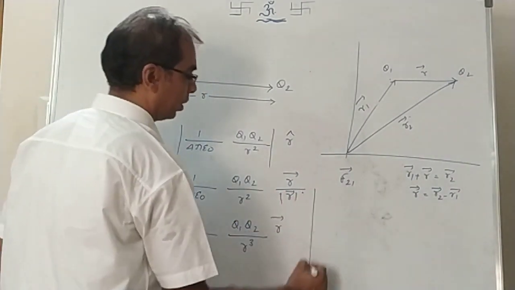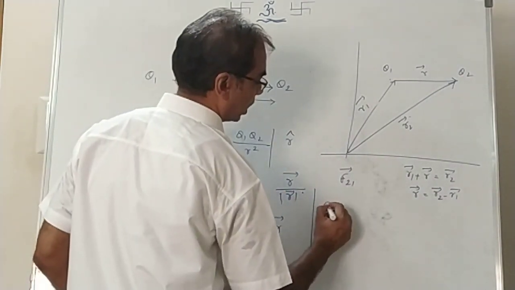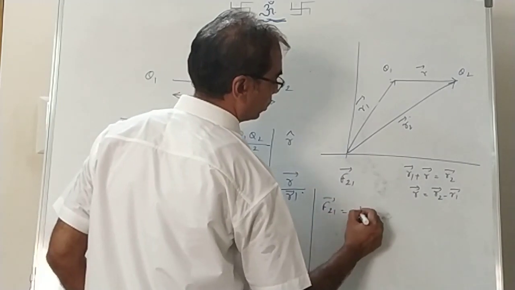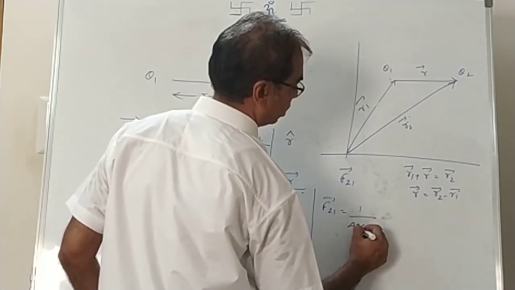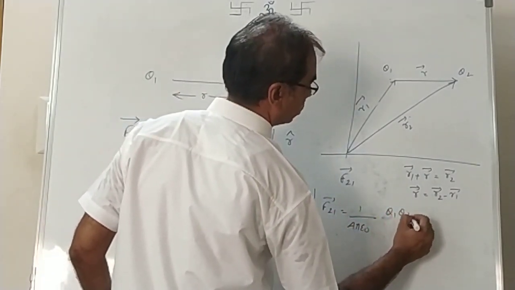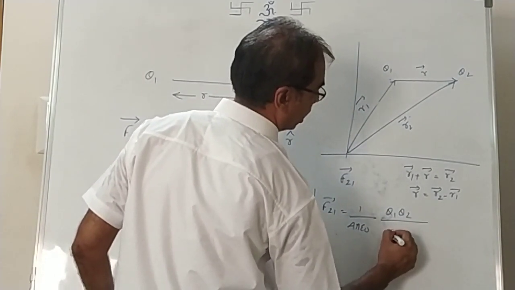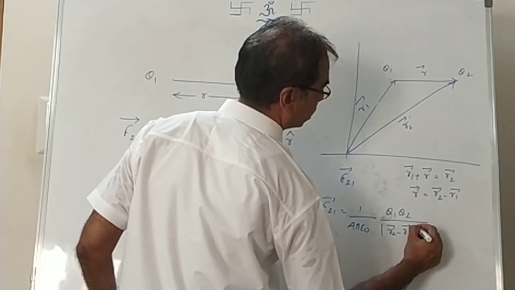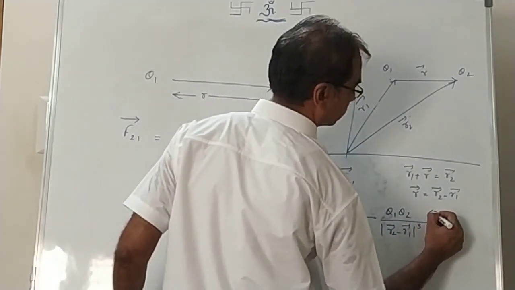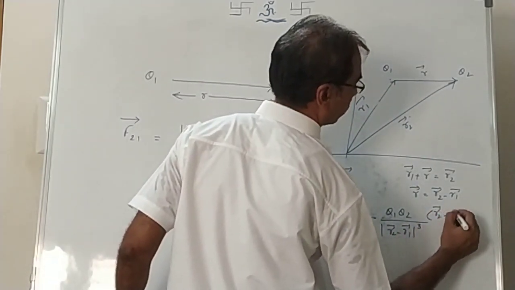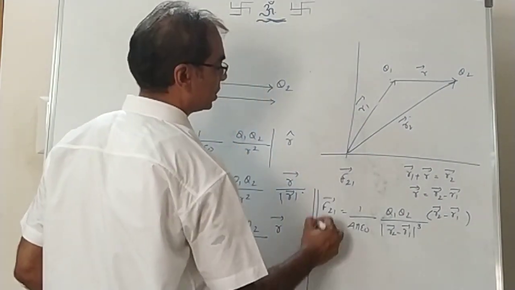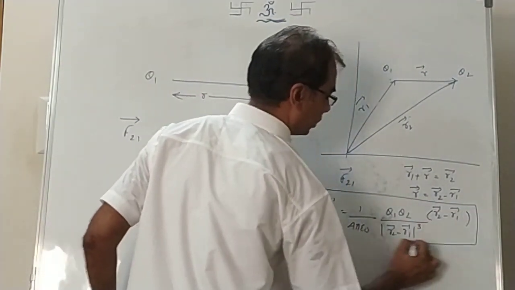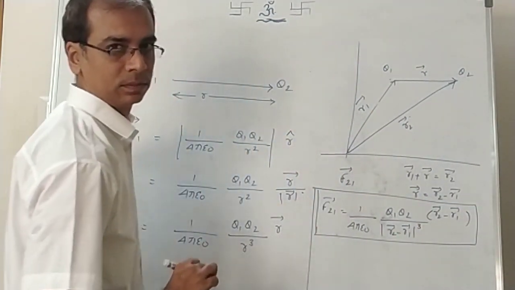So same formula now changes into F21 is equal to 1 by 4 pi epsilon naught Q1 Q2 by mod R2 minus R1 whole cube into R2 minus R1. And this is the vector form of the same Coulomb's law.